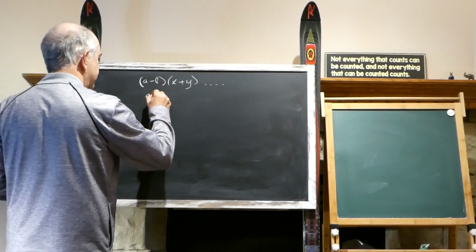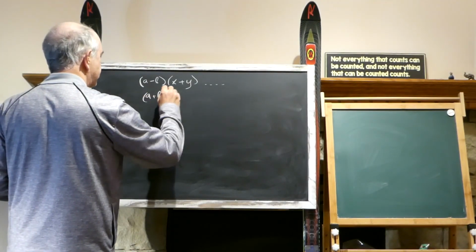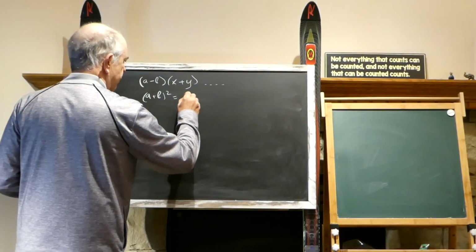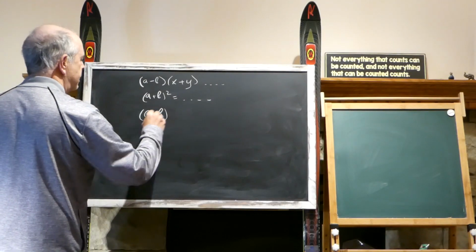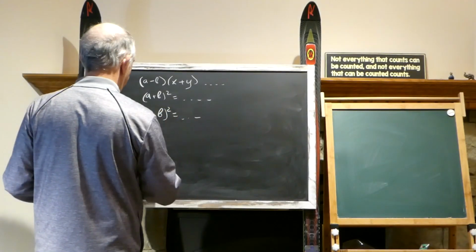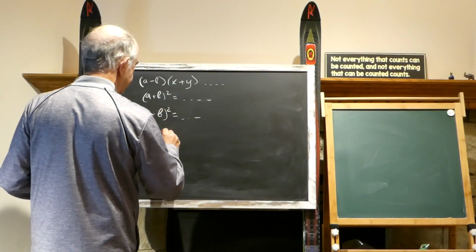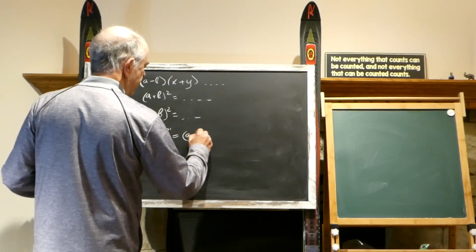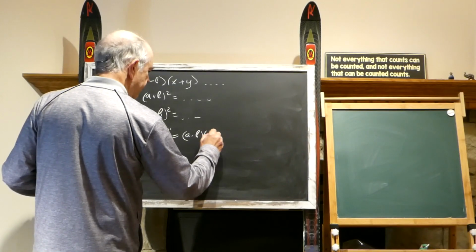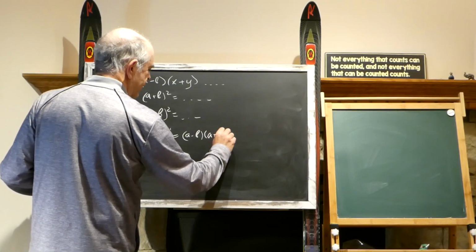I want you to remember the formula A plus B squared equals. I want you to remember the formula A minus B squared equals. And I want you to remember A squared minus B squared equals A minus B multiplied by, okay, I will write it here, A plus B.